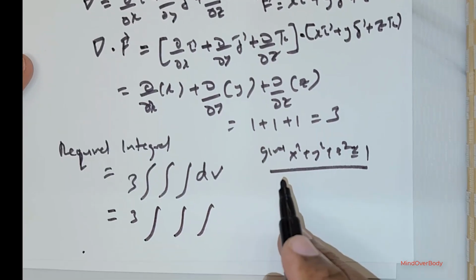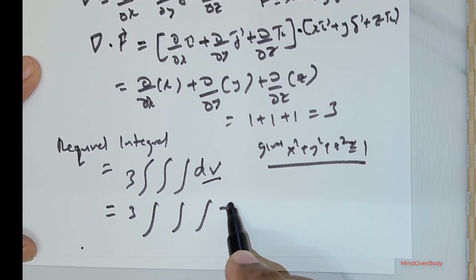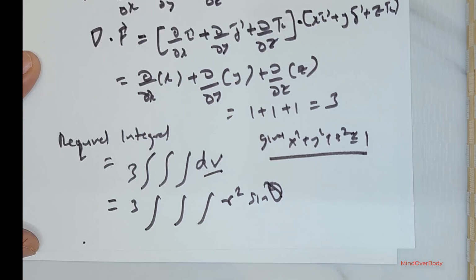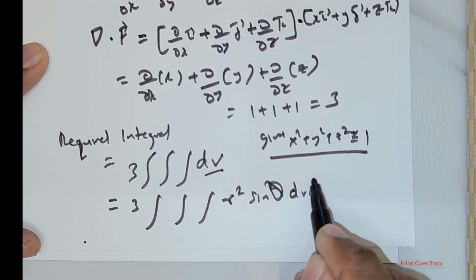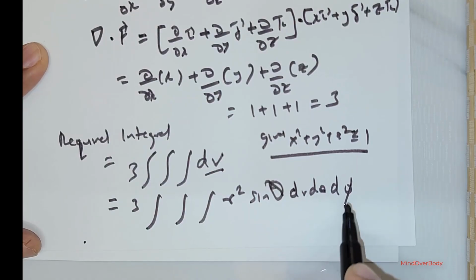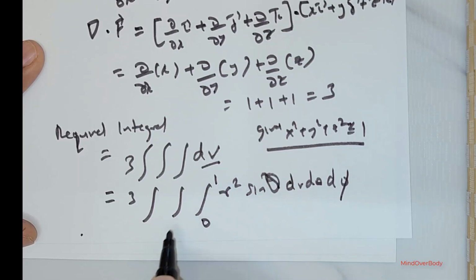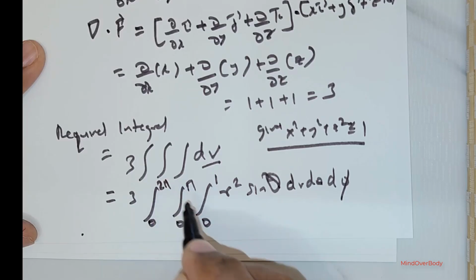So if we were to rewrite this, this is going to be equal to 3 times the integral, and now we have to fix the limits. Now this dV is going to be r squared sine theta (not sine squared), r squared sine theta dr d theta d phi. The limits will be 0 to 1, 0 to pi, 0 to 2 pi.